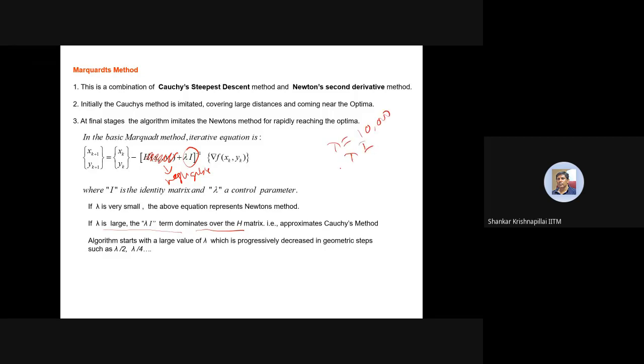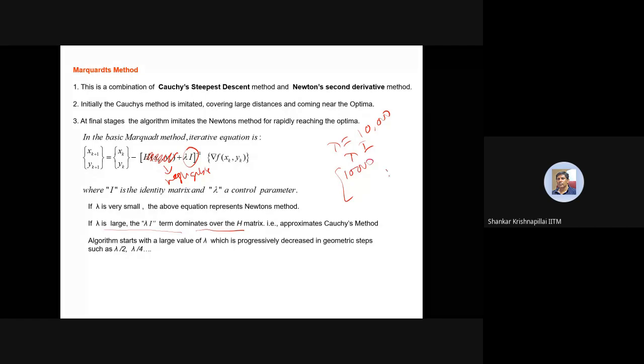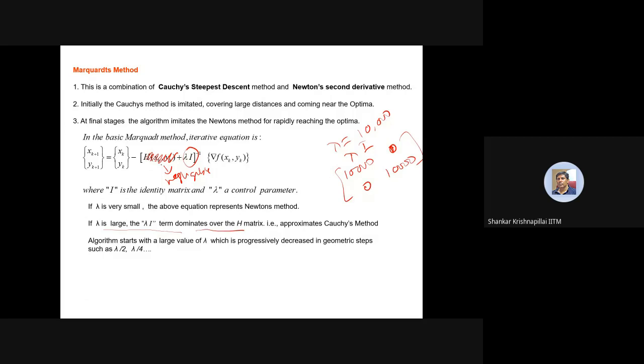Then lambda into I will become 10,000, 10,000, and the H matrix may be like, say, 0.8, 0.9, 1, 5, etc. So when this is added to the H matrix, the effect of the H matrix will become negligible. So this approximates Cauchy's method. This is not exactly Cauchy's method, but it approximates it.